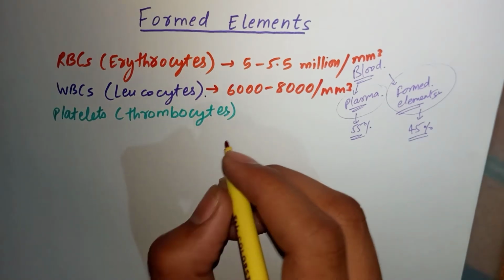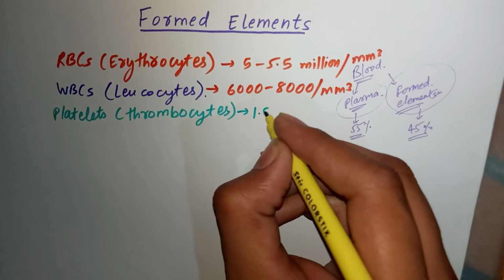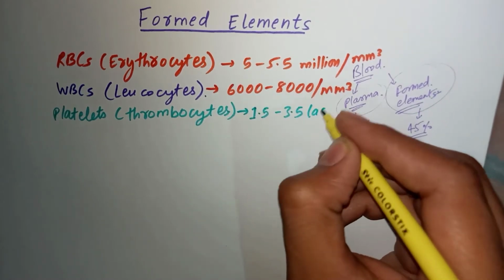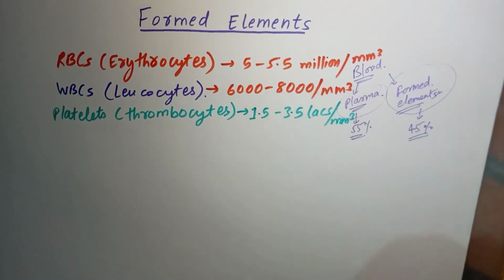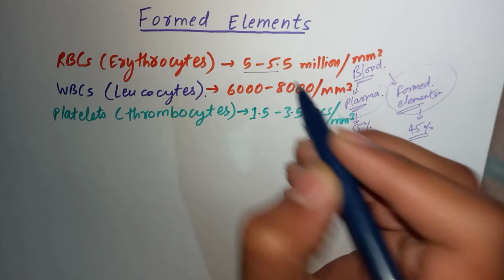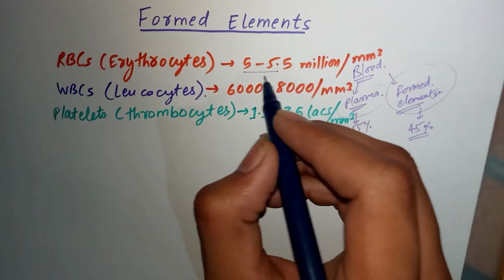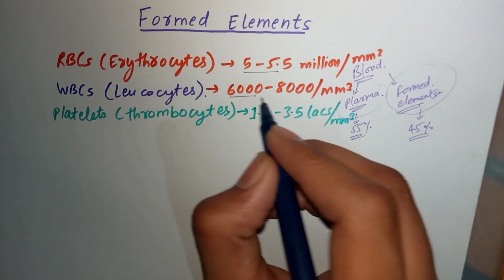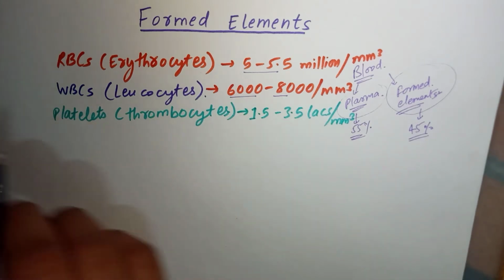And what about platelets? Platelets are 1.5 to 3.5 lakhs per cubic mm of blood. So as you can see, the number of RBCs is comparatively very high. It is 5 to 5.5 million, and the WBCs are minimum in number. These are only 6 to 8,000 per cubic mm of blood.